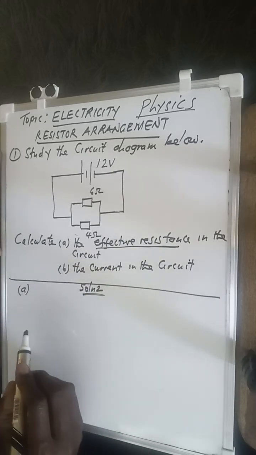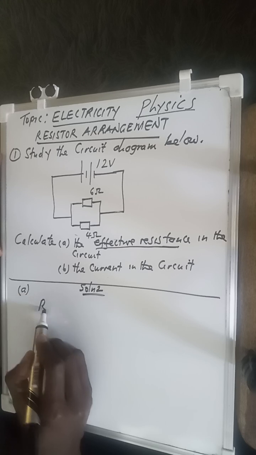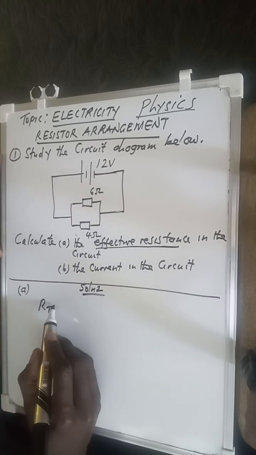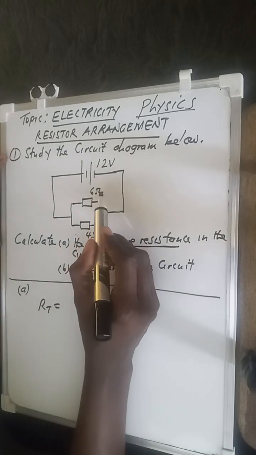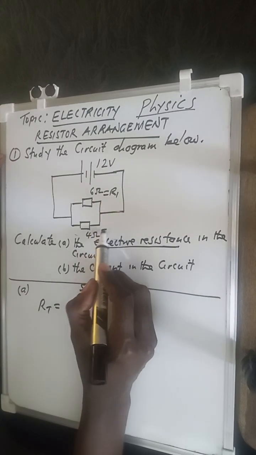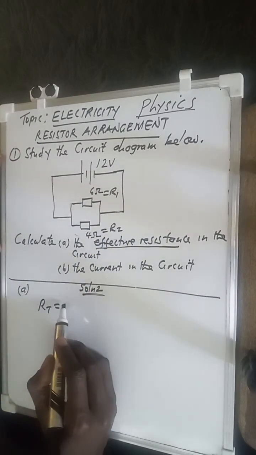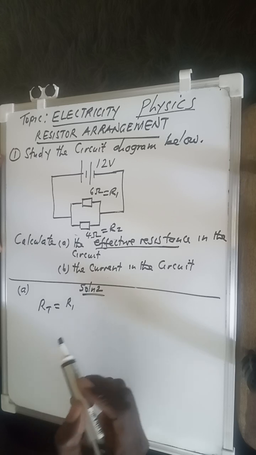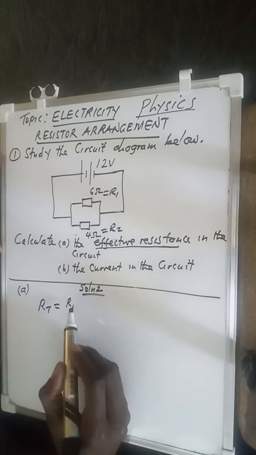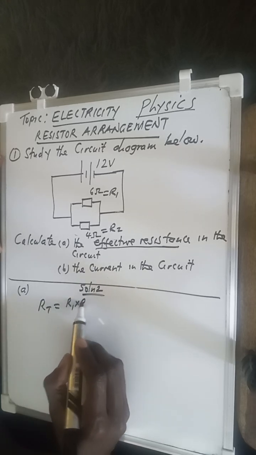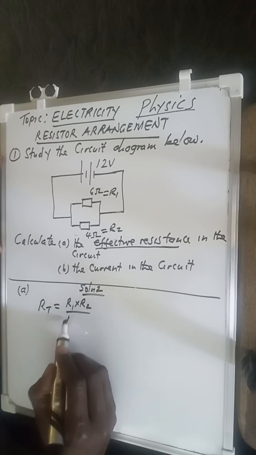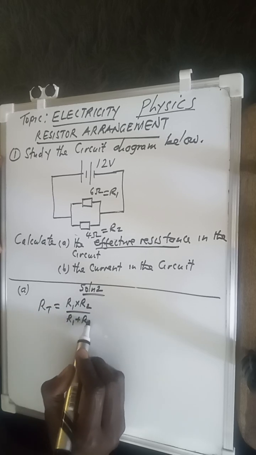So the solutions, therefore, remember what we said for resistors in parallel. If there are only two, you don't need to waste time. Let me call this one R1 and let me call this one R2. It is simply the product of the two resistors, R1 multiplied by R2, then divided by the sum of R1 plus R2.